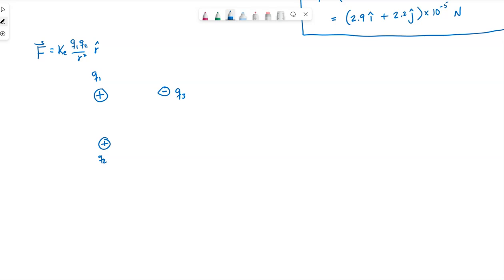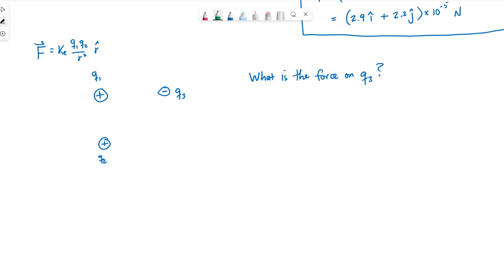Depending upon which one we want the force on, for example, what is the force on Q3? And we mean overall, Q3 is going to experience a force because of charge 1, and it's going to experience a force because of charge 2.